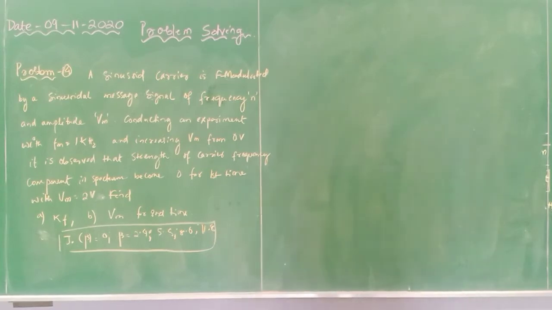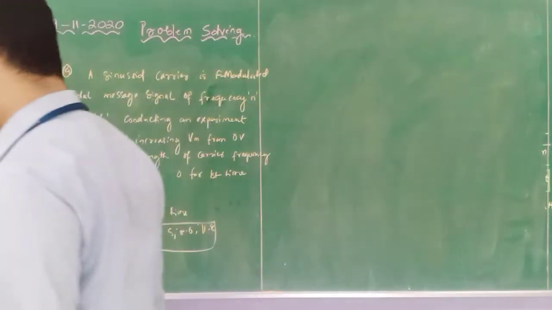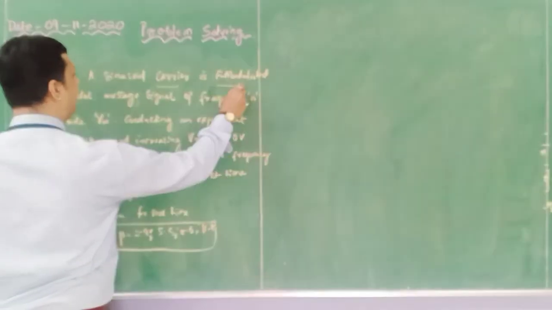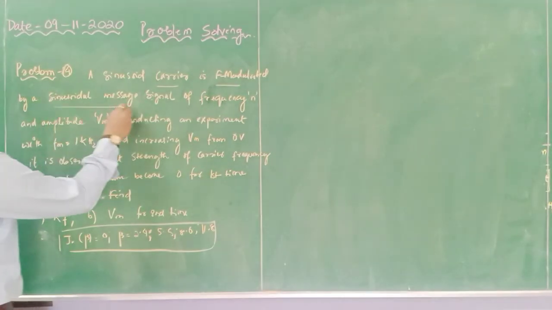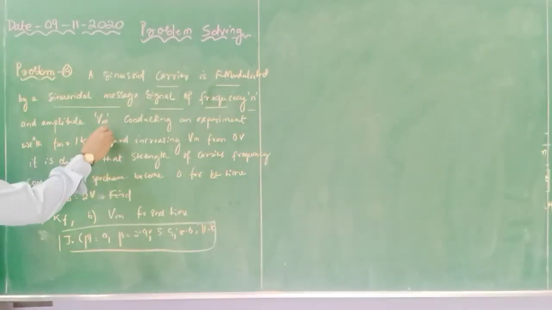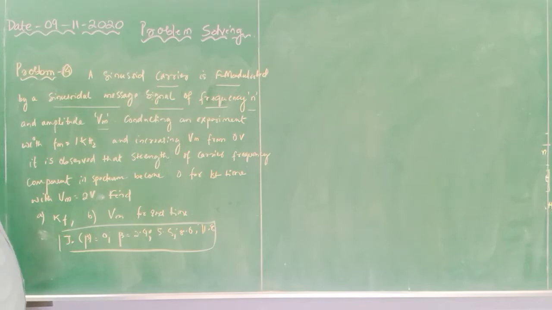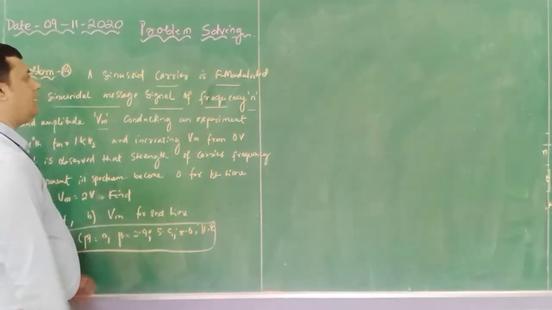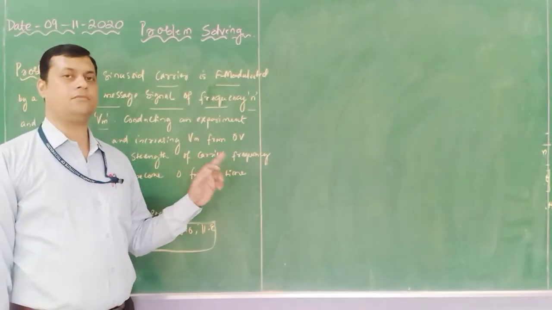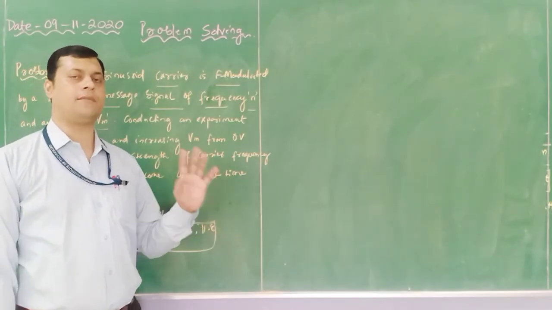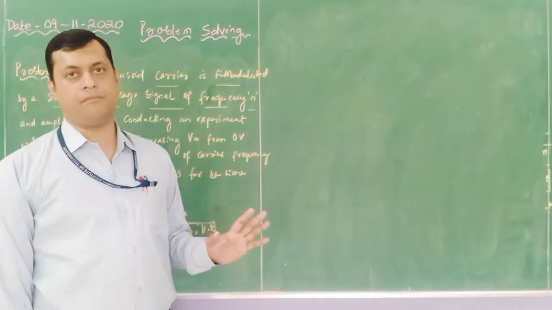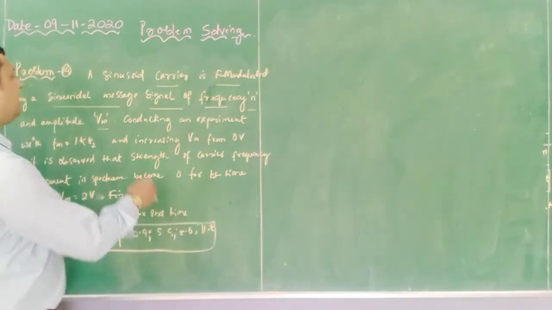Okay, so this is one question in which a sinusoid carrier is frequency modulated by a sinusoid message signal of frequency fm and amplitude Vm. Whenever you see this sort of question, always remember that if it is given in terms of n times the modulating frequency, blindly decide that it is discussing the WBFM signal.